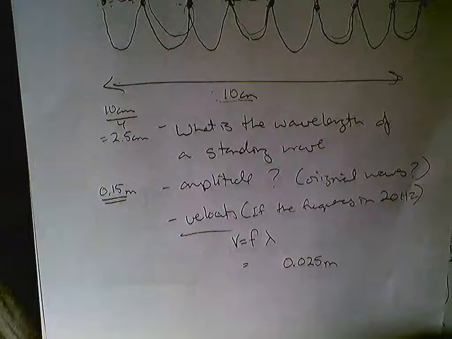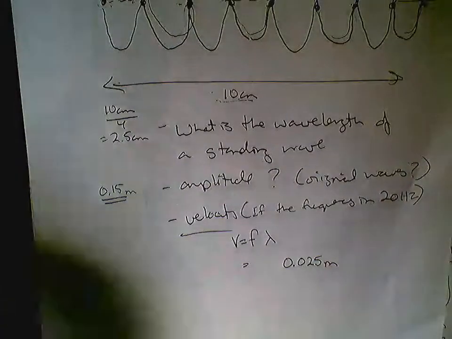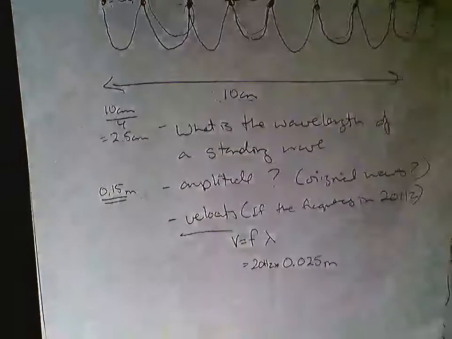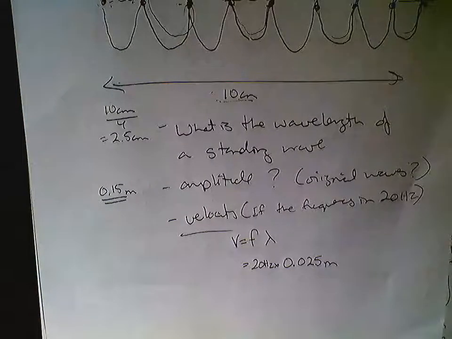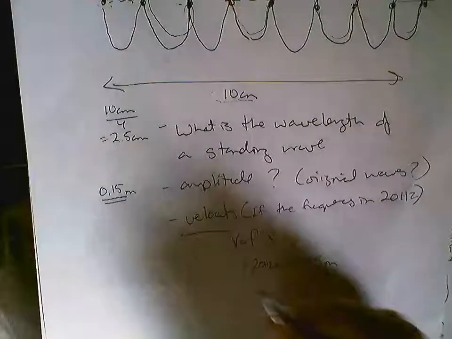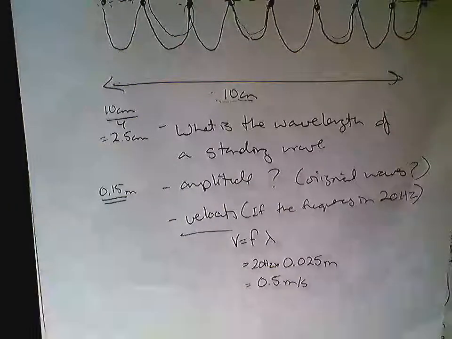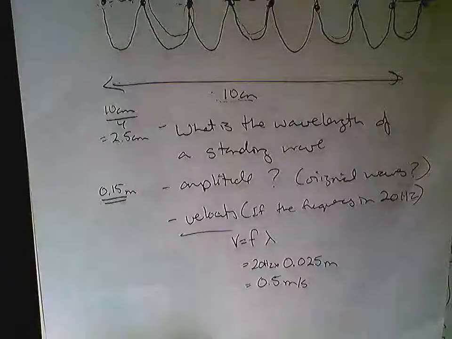Okay, so we have to divide by 100 to get that. We say our frequency is 20 hertz. So it would be 20 hertz times 0.025. And that would give us our final answer. Let's see what we have. 20 times 0.025 equals 0.5 meters per second, which would be our velocity.